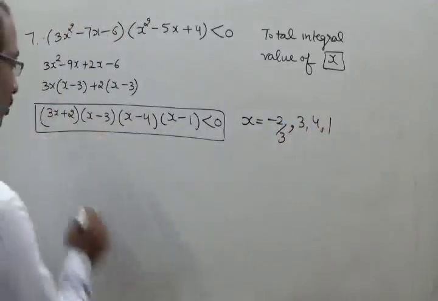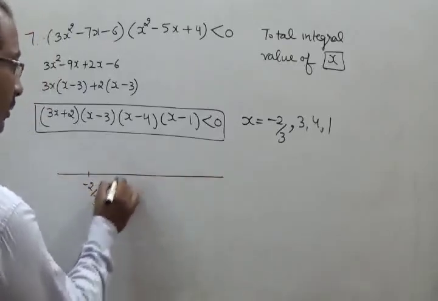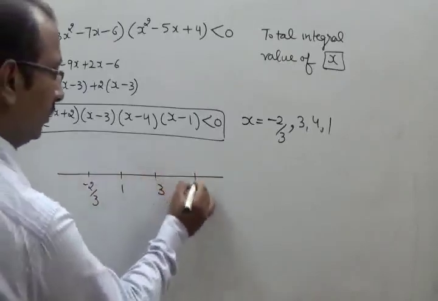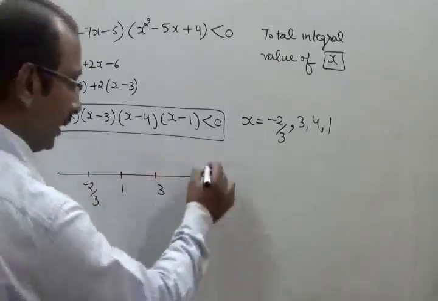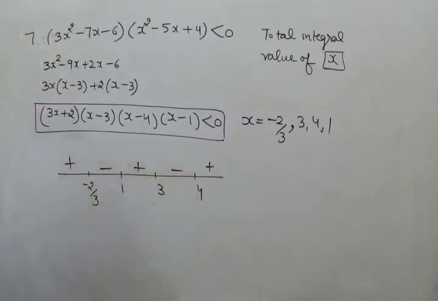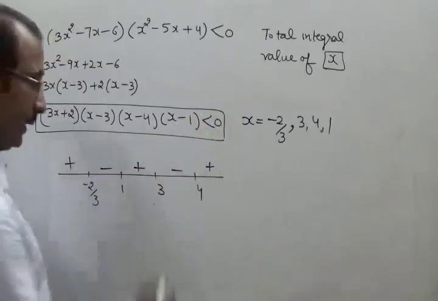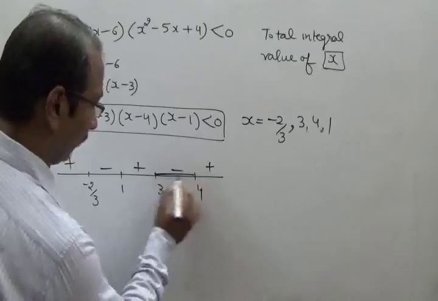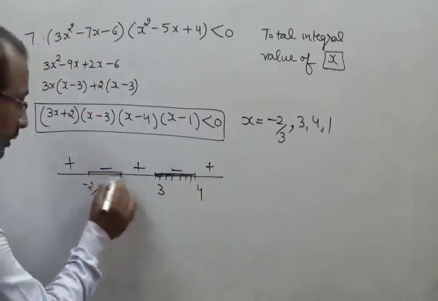Now next I will show this on the number line: −2/3, 1, 3 and 4. Okay. Then applying Wavy Curve: plus, minus, plus, minus, plus. That we have to apply. Okay. Because here I have to find it for the negative, it means this interval we have to take, right? As well as this interval I have to take.